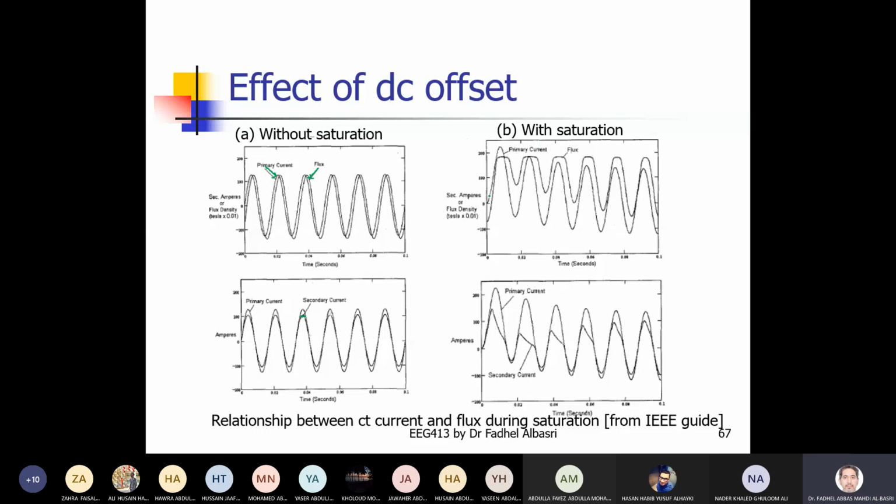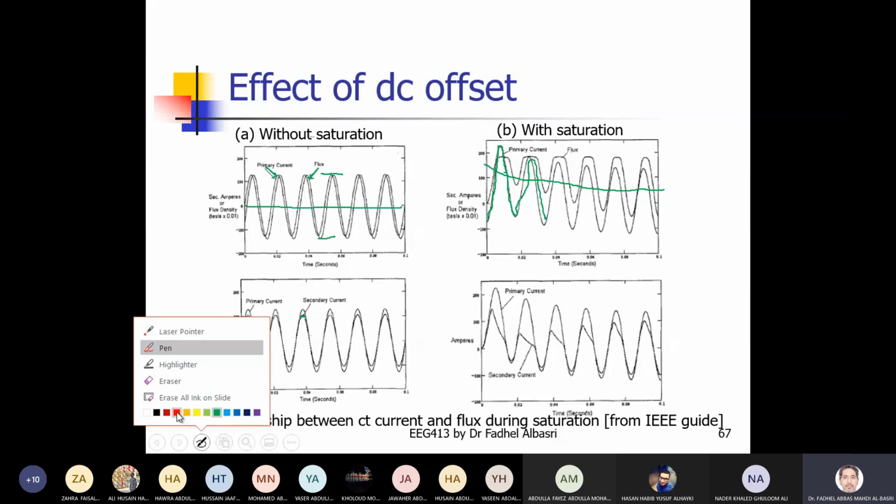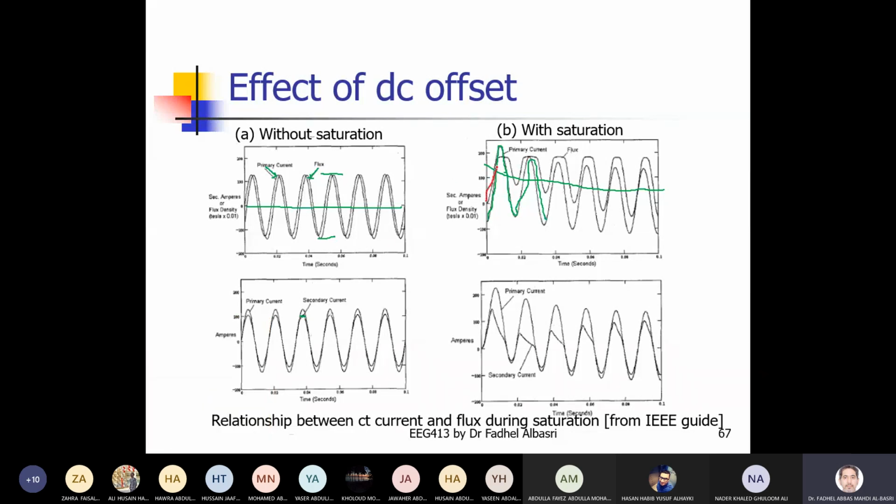Now with saturation, this is the current, which has a sinusoidal shape. It's symmetric around 0, while here it's not symmetric, it has a decaying DC in it, so it decreases with time. It has a DC with the AC component in it. The second curve represents the flux.